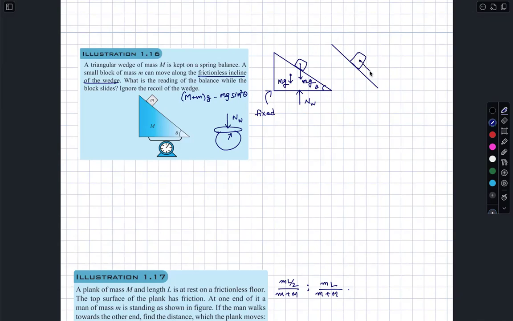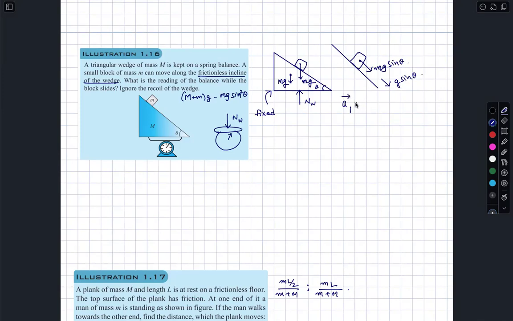For the block, the force is mg sine theta. So therefore, this will have an acceleration of g sine theta in this direction. Let us call A1 as block.